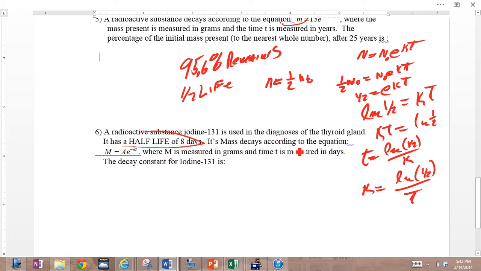Its mass decays according to the equation mass equals A e to the negative kt, where m is measured in grams and t in time. What is the decay constant?